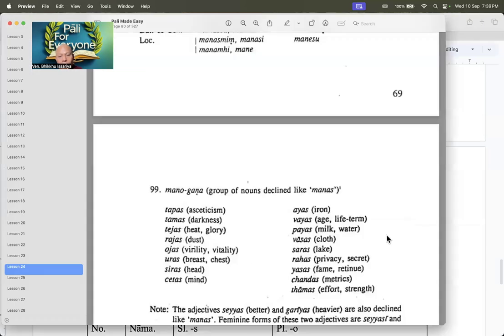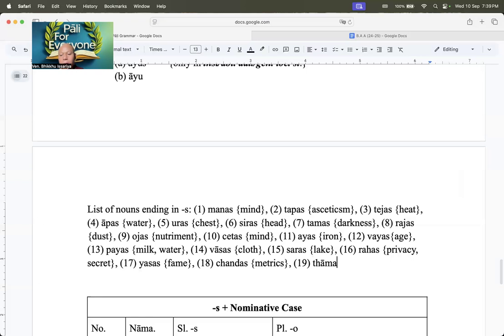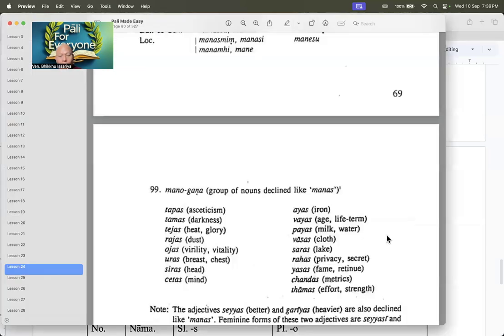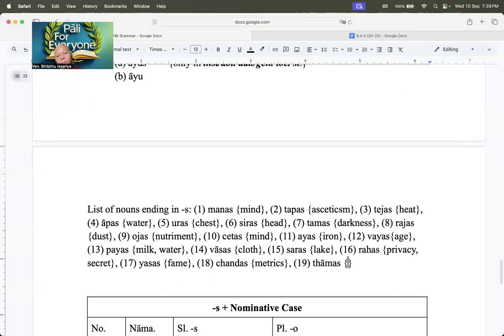And then tejas and tamas. So tamas is strength or power or effort.